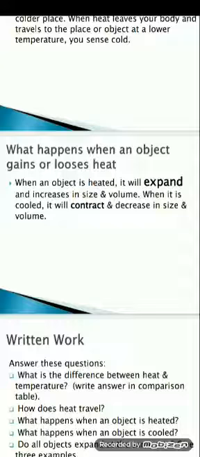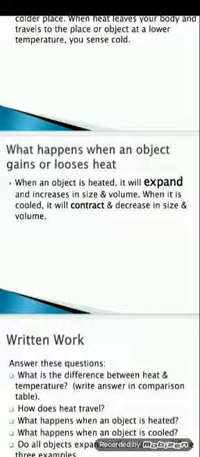After doing these experiments and reading these pages, you will come to know that when we heat up something, that object will expand. Expand means the size and volume of that thing will increase.